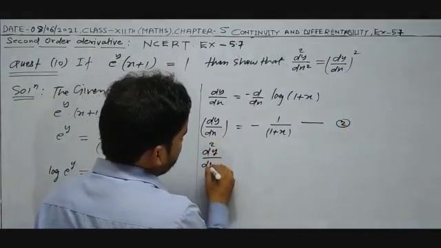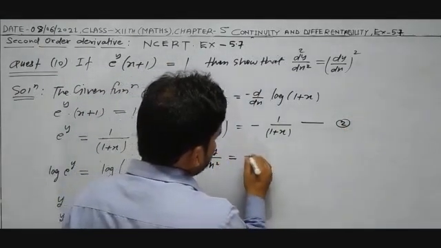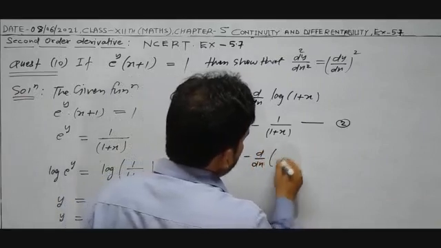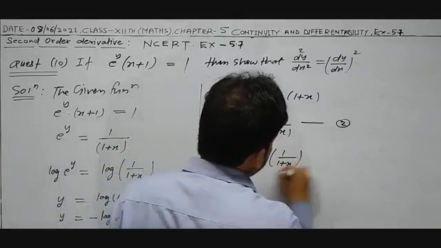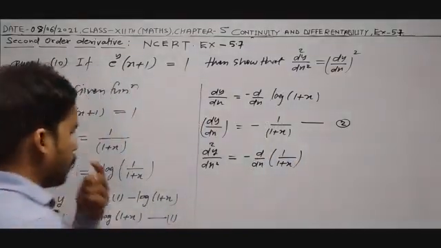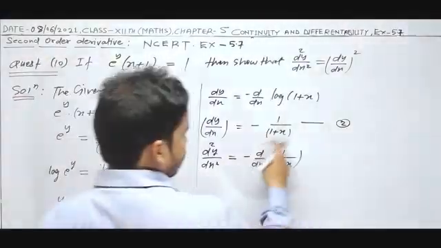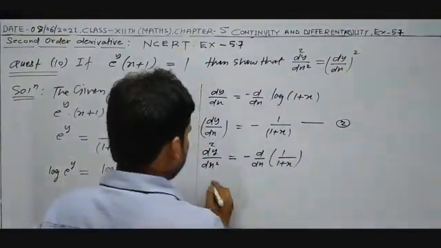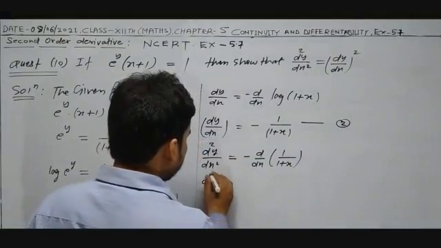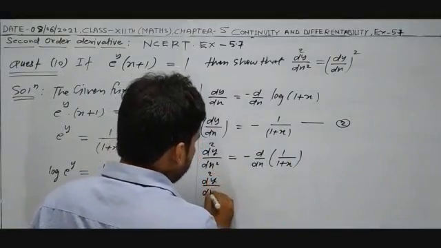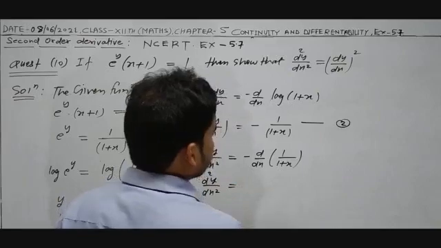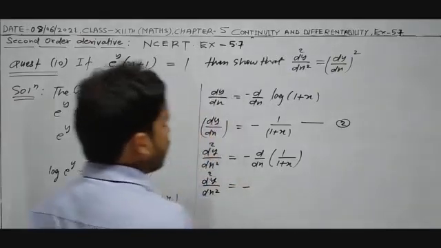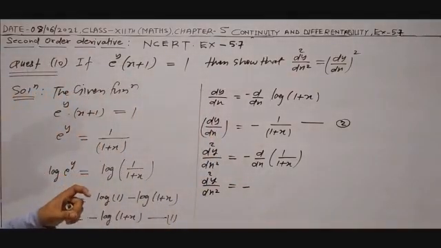Then d2y by dx2 result will be minus d by dx of 1 upon 1 plus x. And you can solve this using the quotient rule and chain rule also. So d2y by dx2 result is minus times d by dx of 1 upon 1 plus x.